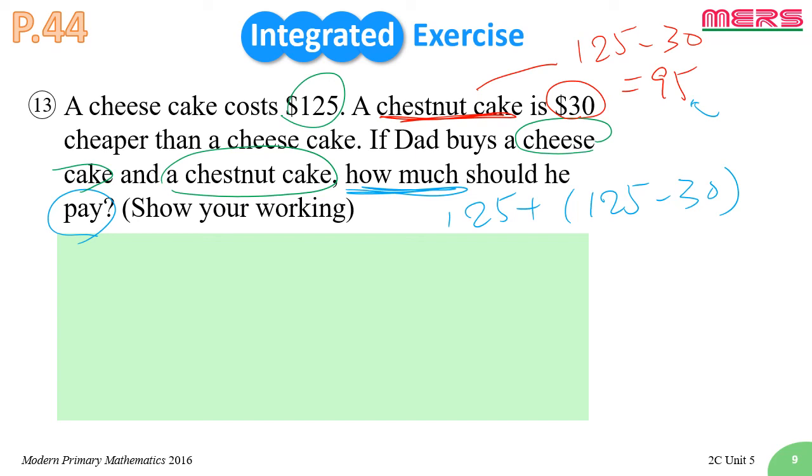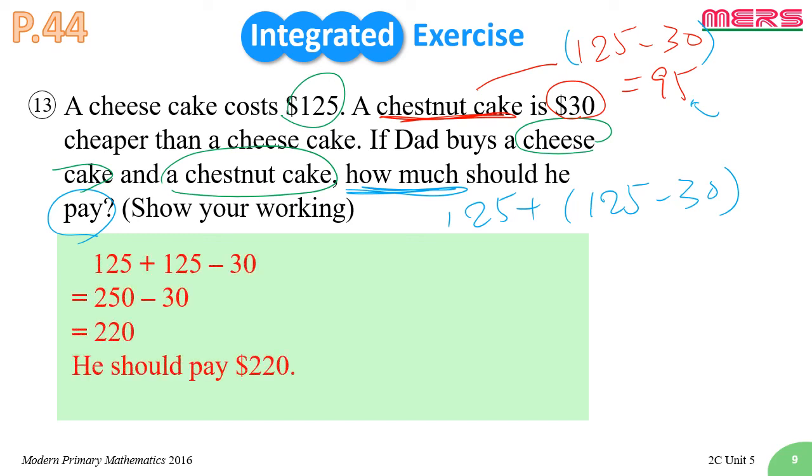You can just write it in brackets to make it clear. So the answer here will become 220. He should pay $220. Write the dollar sign 220, don't forget the dollar sign.